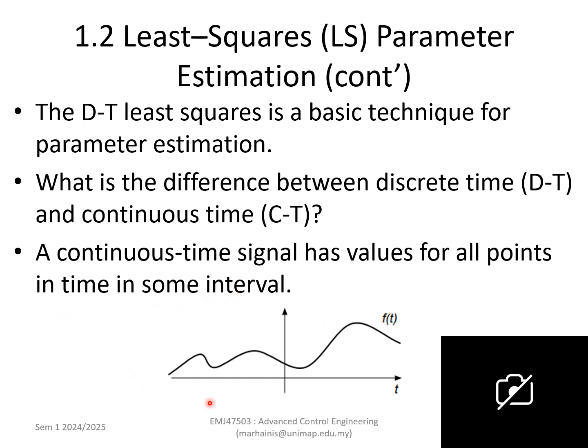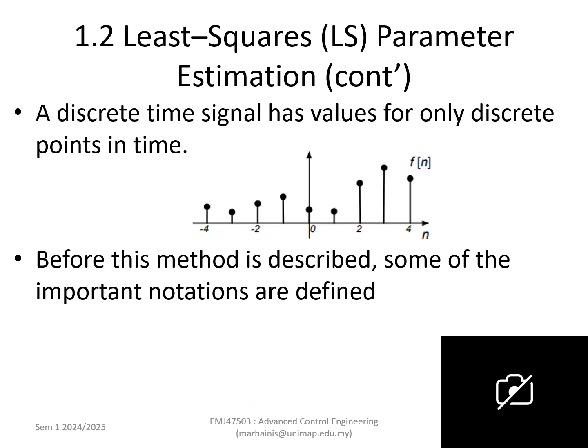So for the graph, it looks something like this. And a discrete time signal only has values at discrete points in time. So you can see the difference in terms of the definitions and graphs between continuous time signals and discrete time signals.